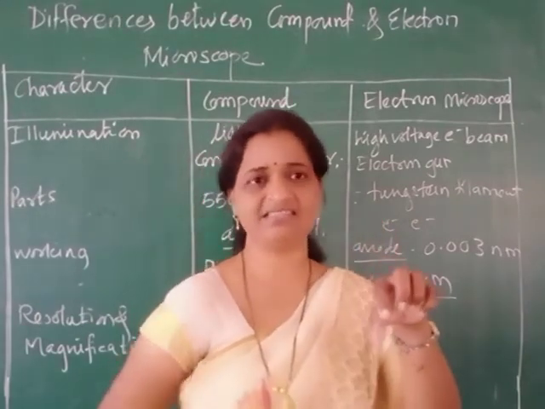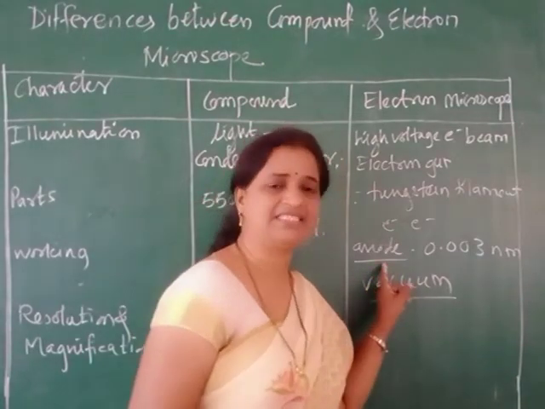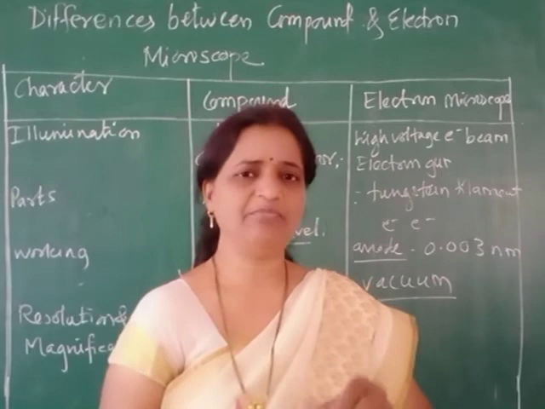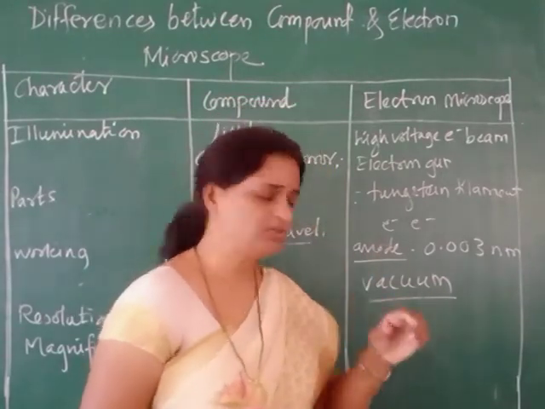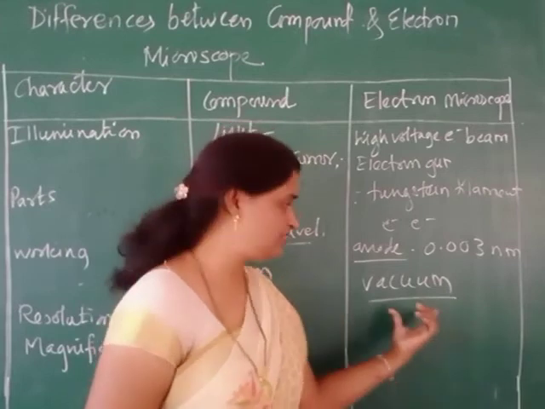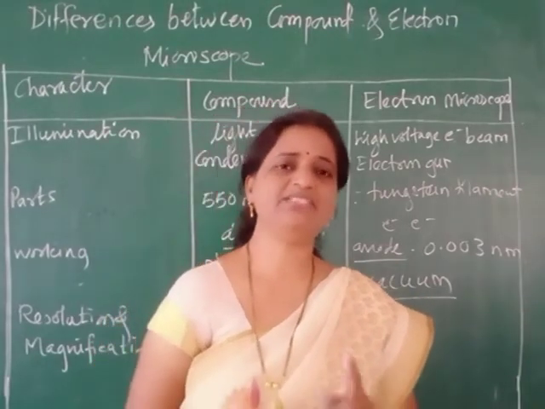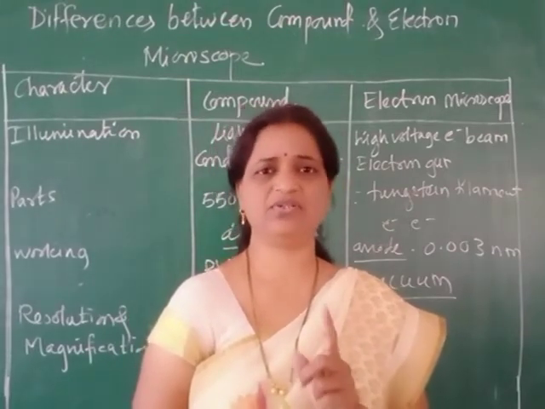They are given a direction. Who gives the direction? This positively charged anode, and that beam flows through and falls on the specimen, and while passing through the microscope there is presence of vacuum, which is very important. Medium in case of electron microscope is vacuum, and illumination is a high voltage electron beam.